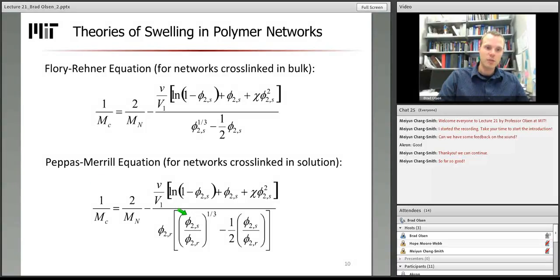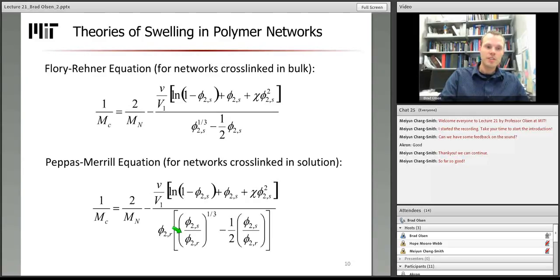They renormalize certain powers of the polymer concentration in the gel in the swollen state, which we denote phi 2s, by phi 2 comma r, where phi 2r is the polymer concentration in the relaxed state. And the relaxed state is the state of preparation of the material. So before the polymer chains were stressed through the addition of extra solvent. And so this Peppas-Merrill equation is a modification to the Flory-Renner equation that allows us to quantitatively model the behavior of gels that were cross-linked in solution rather than cross-linked in the bulk state.